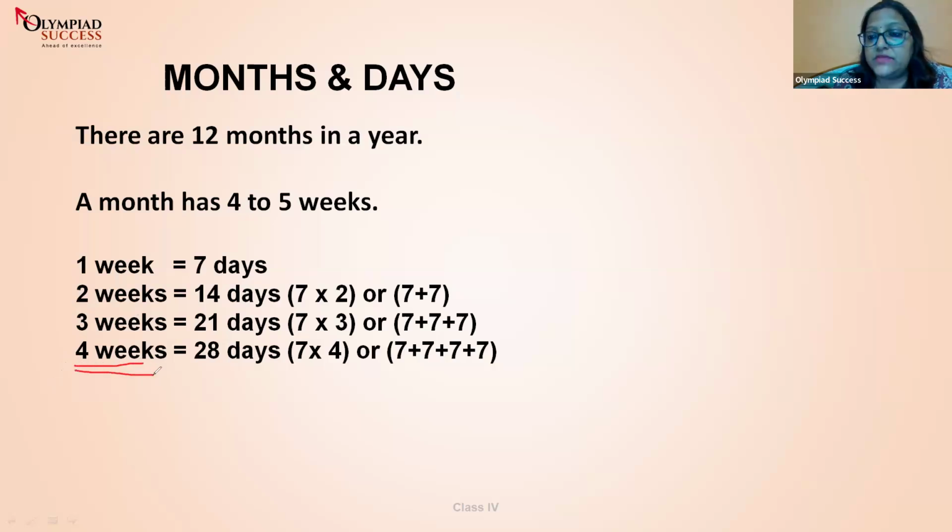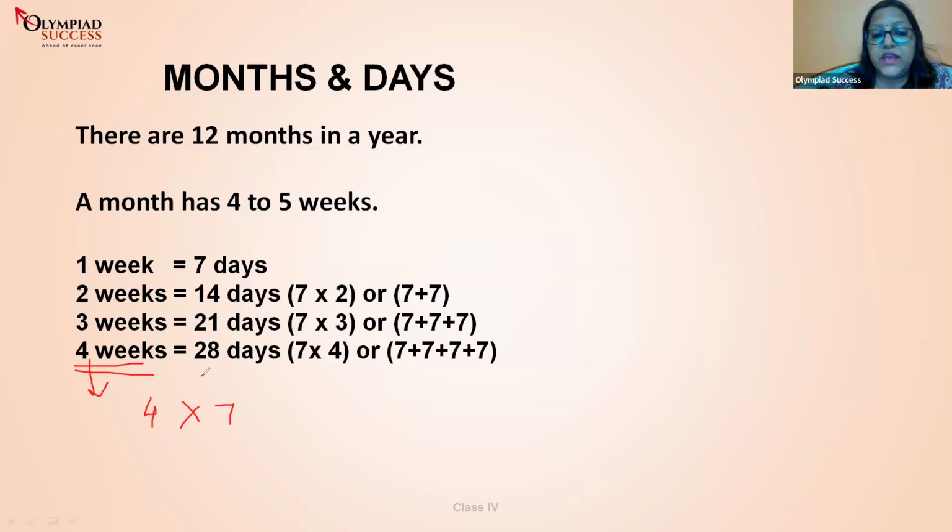In this case, you are simply going to take the number of weeks that they are asking for and multiply by 7. Because we have 7 days in a week. If they ask you for 10 weeks, 10 times 7. If they ask you for 5 weeks, 5 times 7.